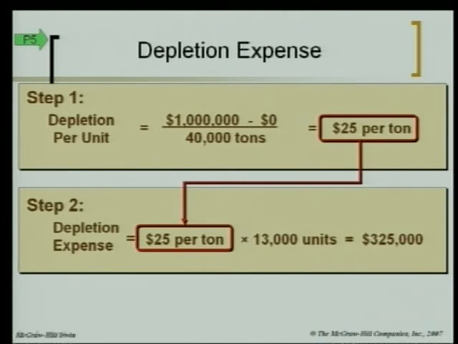In this first year, we extracted 13,000 tons. We deplete $25 per ton. Thus, our entry in that first year will be for $325,000 of depletion.